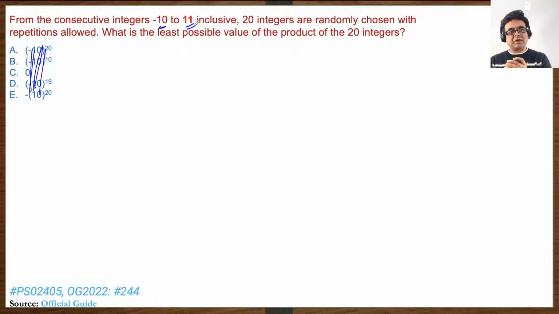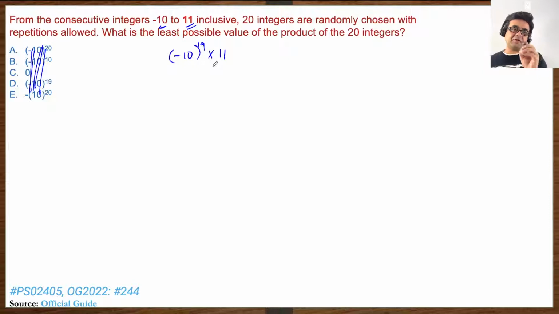So we are asked to find the least value of the product of these 20 integers. And remember, the repetitions are allowed. If the repetitions were not allowed, then the product would be 0 because 0 is one of the consecutive integers. But repetition is allowed. So I know it has to be negative. One way to think about it is I could use -10 19 times and multiply by 11 once, because I have to have the negative numbers an odd number of times.